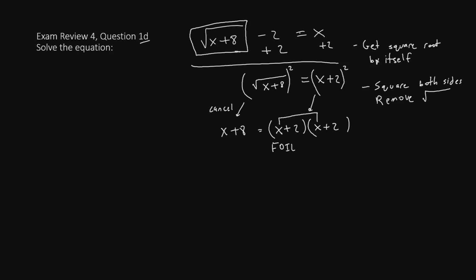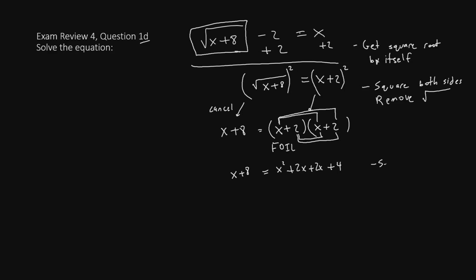First, we do x times x and get x squared. X times 2 gives plus 2x. We add another 2x as well, and then 2 times 2 gives 4. The left side hasn't changed. It is still x plus 8.